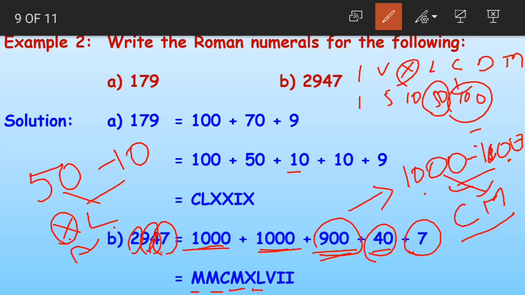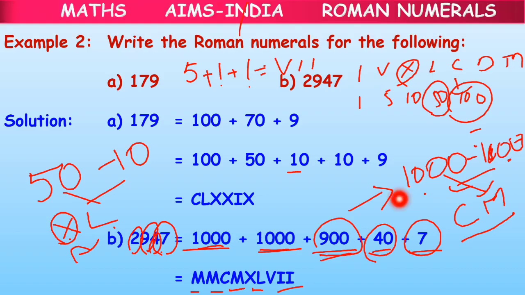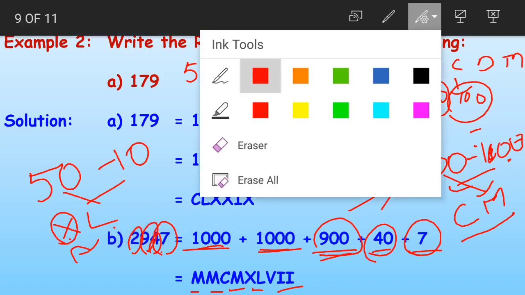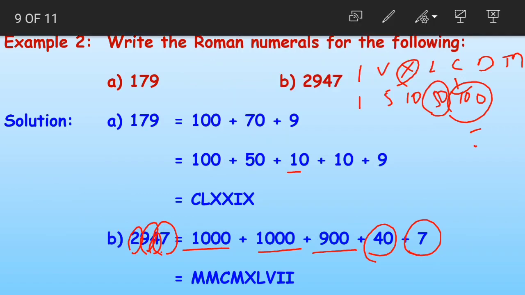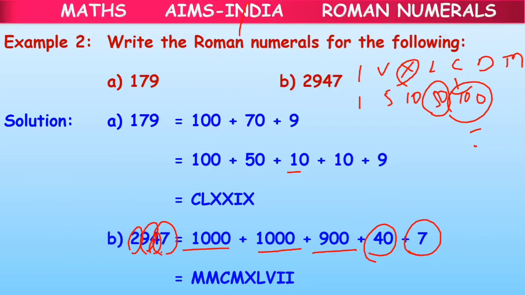And coming to the last one, 7. 7 is written as 5 plus 1 plus 1. And 5 means V, 1 means I, and another 1 means another I. So 7 is written as VII. So our total number 2947 is written as MMCMXLVII in Roman numerals.